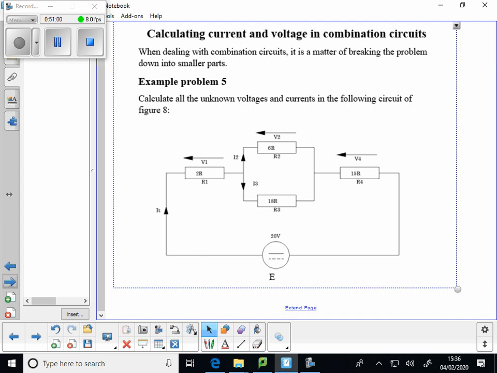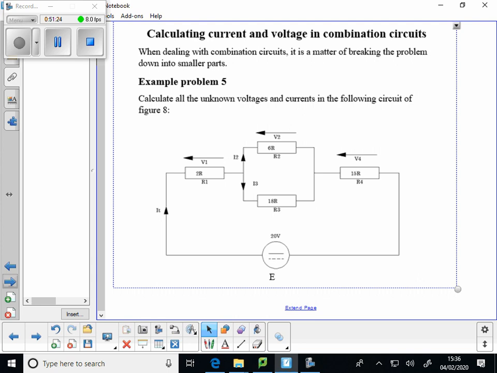We're going to do this one together for the very reason that your practical circuit is quite close to this. So when I give you the practical notes, what you're going to have to do initially is calculate all the values for the circuit and put them in a table.